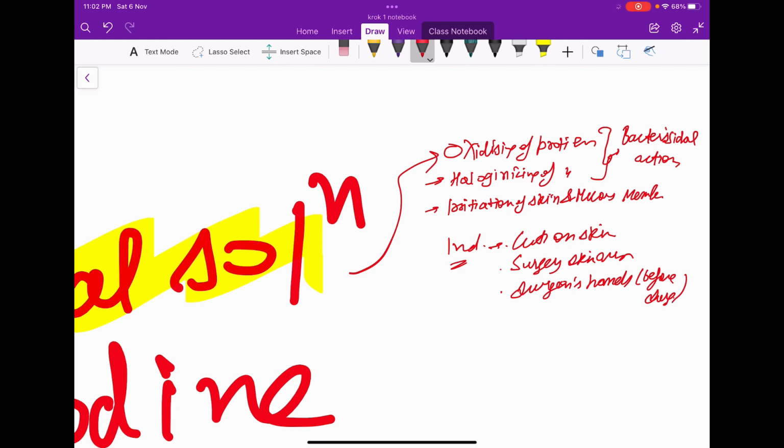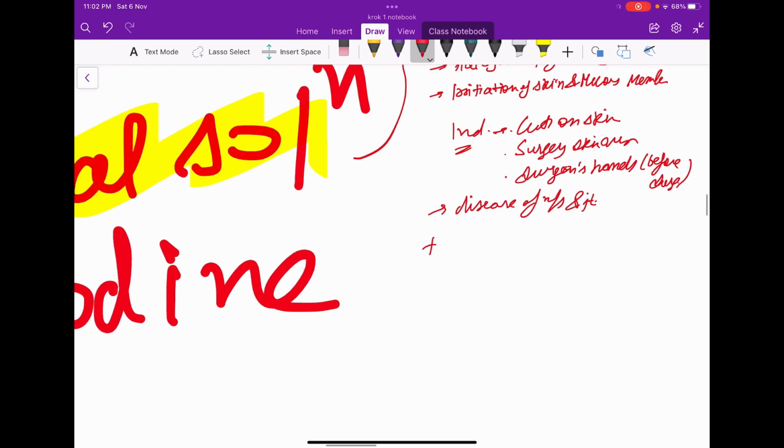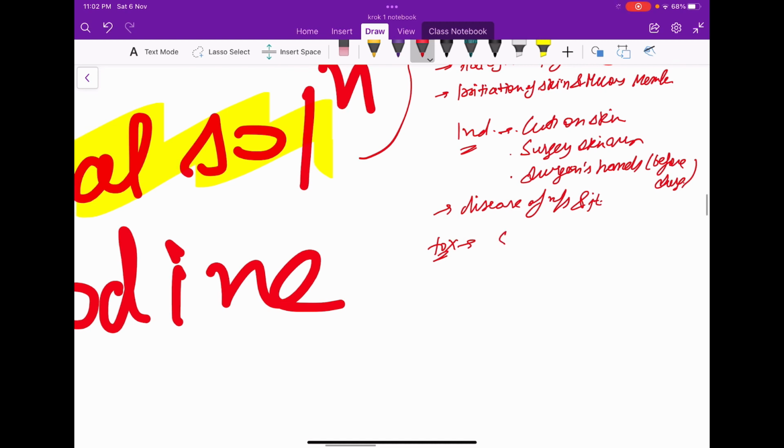Thereafter, diseases of muscle and joint. Okay guys, and what if toxicity occurs? If toxicity of iodine occurs, then we can neutralize it with sodium thiosulfate. This is what you need to know about these points.